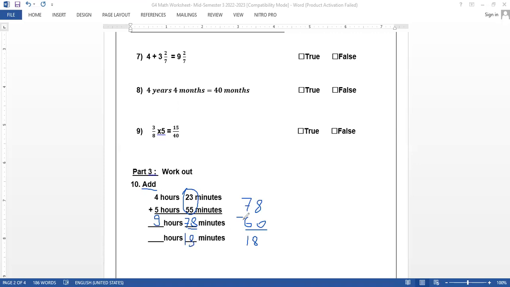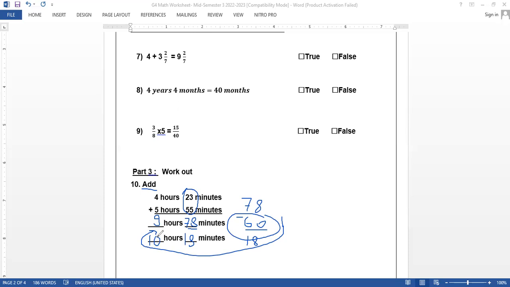So I subtract 1 hour from this, and it will be added to the hours. We have 9 hours, plus 1 equals 10 hours.